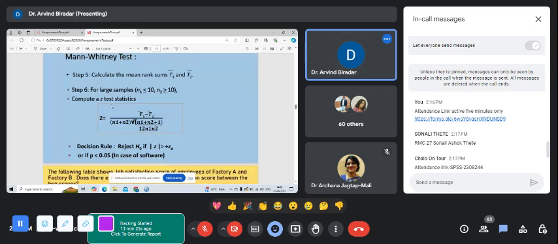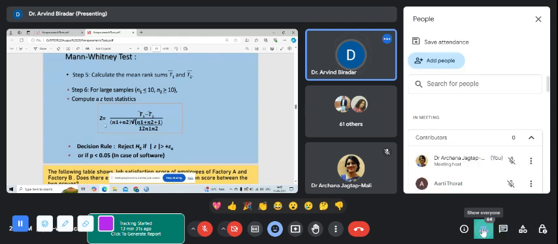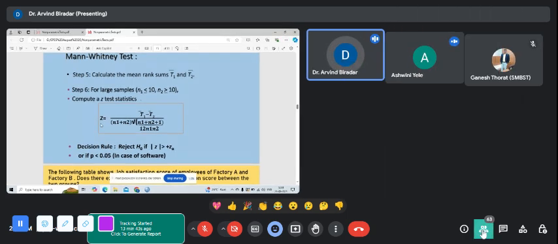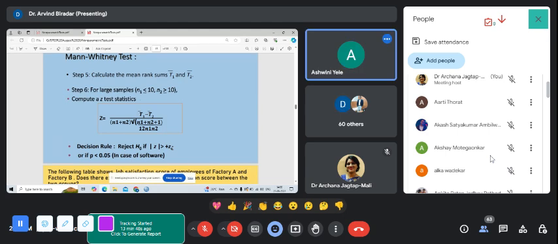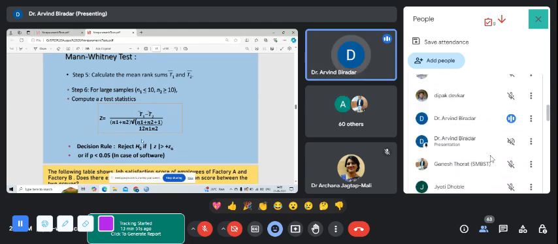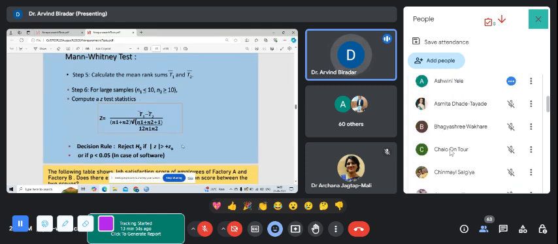So for the two sets of observations, one is less than or equal to 10, the second greater than or equal to 10. This is the test statistic, we call it Z. So the mod of Z is greater than or equal to the table Z to reject the null hypothesis, if this condition is satisfied manually. But in software, you consider p less than or equal to 0.05.